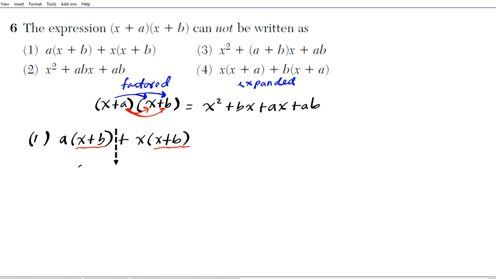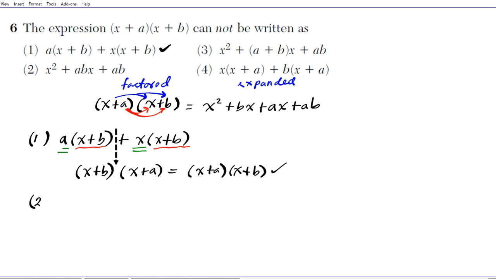We can factor out one x plus b, and then we have on the outside a and then x. So that is a plus x, which can also be written as x plus a since addition commutes. So this is equal to the factored form of the expression given to us. So expression 1 is exactly the same as what we were given initially.